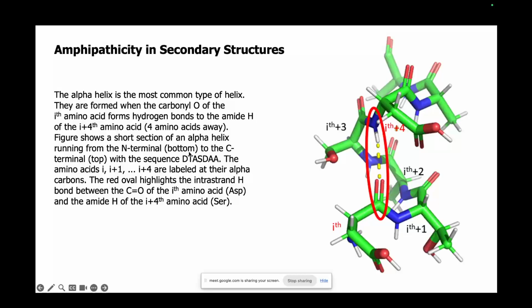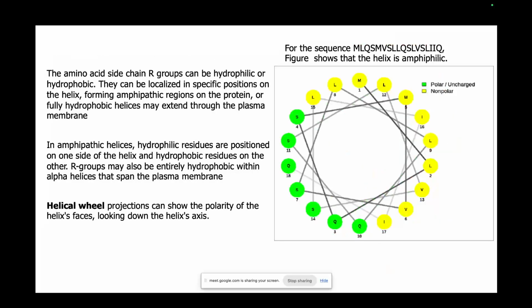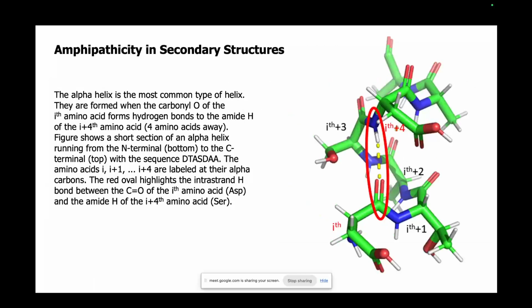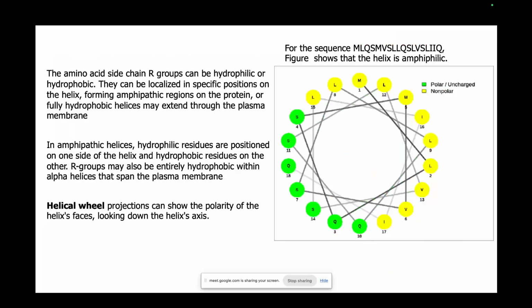So this is an alpha helix for this particular sequence, and I think this is showing the ith amino acid as acetate and the I plus fourth amino acid as serine, right? So I think that is good. Now this is how the structure will look like. The ith amino acid will form hydrogen bonds with the I plus fourth amino acid.